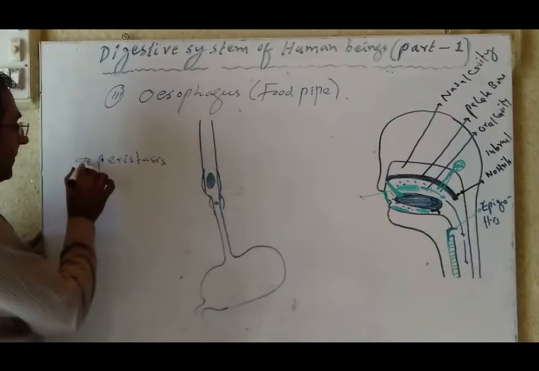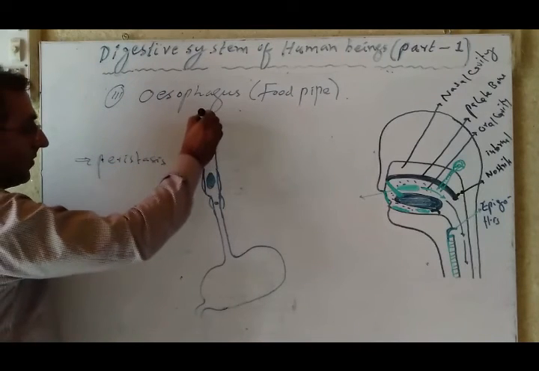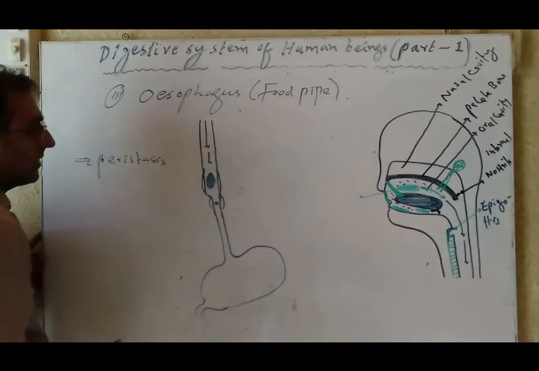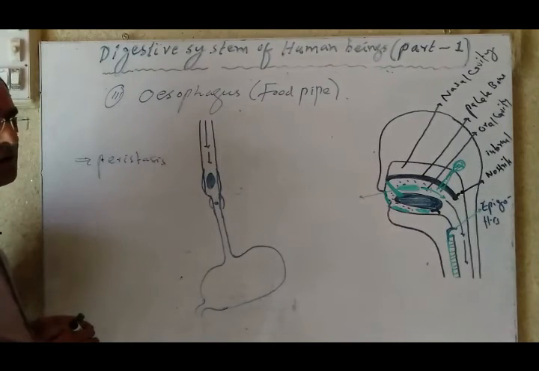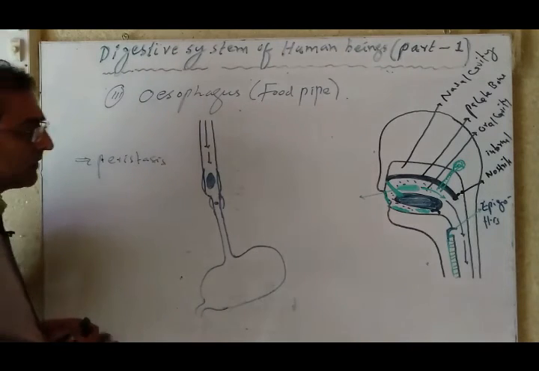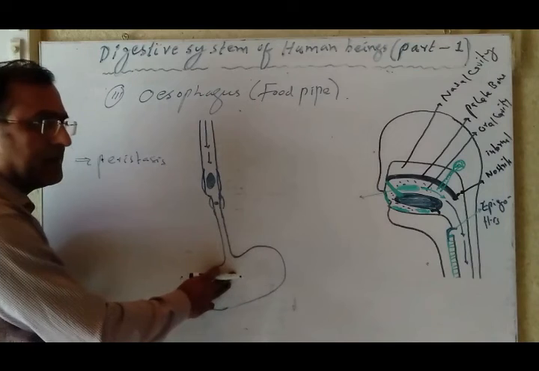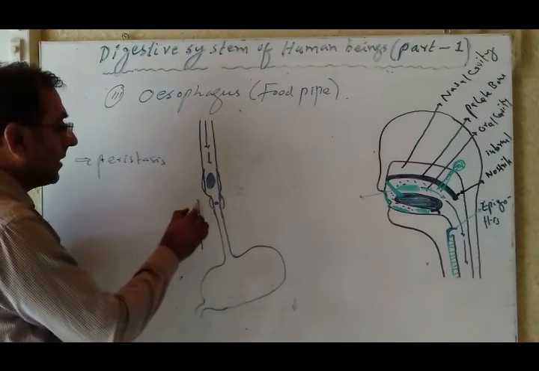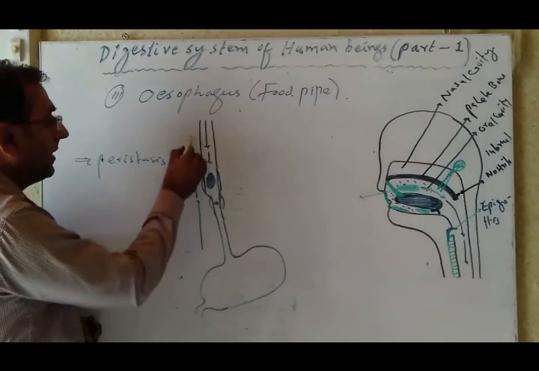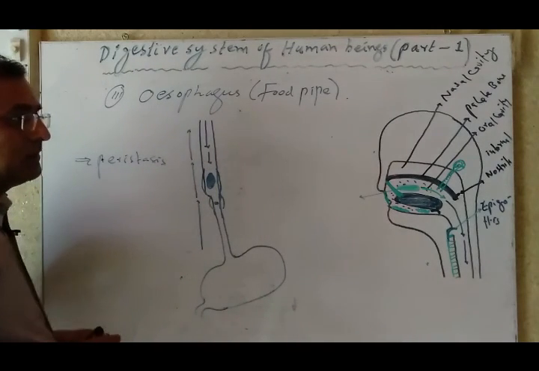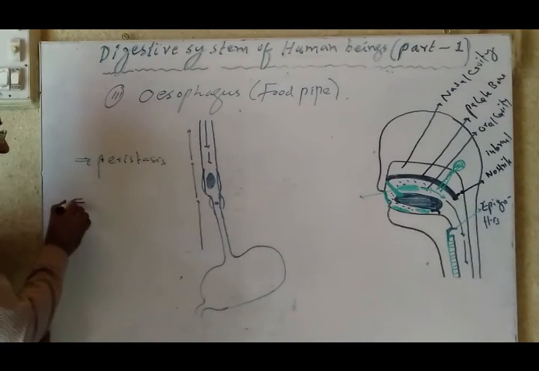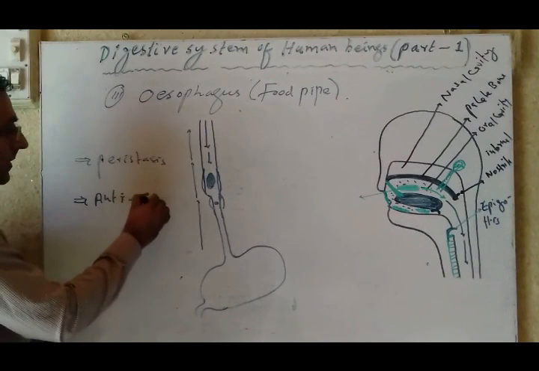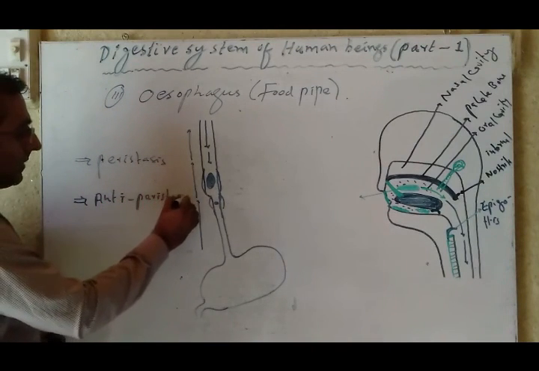This peristalsis is not only responsible for the movement of the food in the esophagus, but it is also involved in the whole alimentary canal. Sometimes due to irritation in the stomach, this movement of the food becomes in the opposite direction and results in vomiting. This movement of food is known as anti-peristalsis.